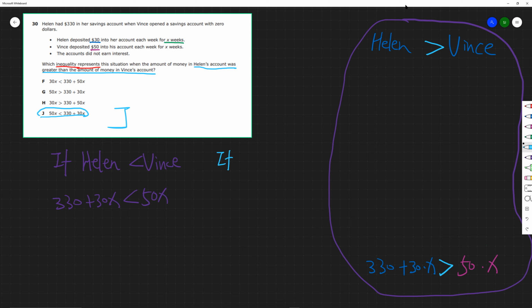If Helen has the same amount of bank balance as Vince, then we have 330 plus 30x equals 50x. After we have this representation, we can easily represent different situations: Helen has more, Helen has less, or they have an equal amount. That's the method of representation.